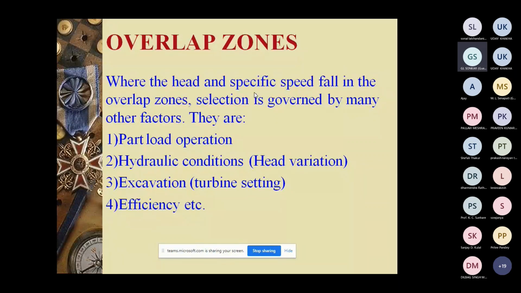In Kaplan, you have to go for more excavation level. In Francis, it is a bit lower, and in that respect you can save money also. So whenever there are overlap zones, considering your head and specific speed, you consider these four options, and whichever you find suitable, you select that only.